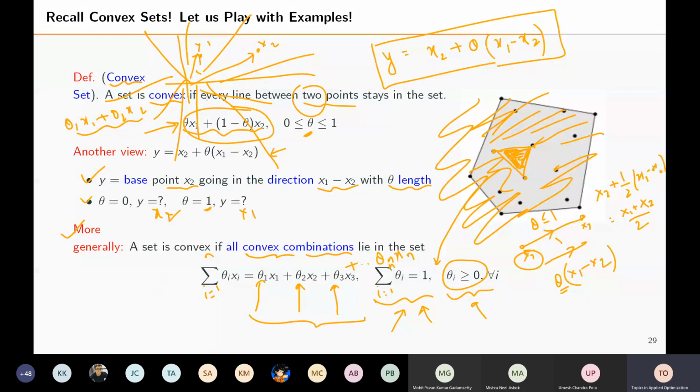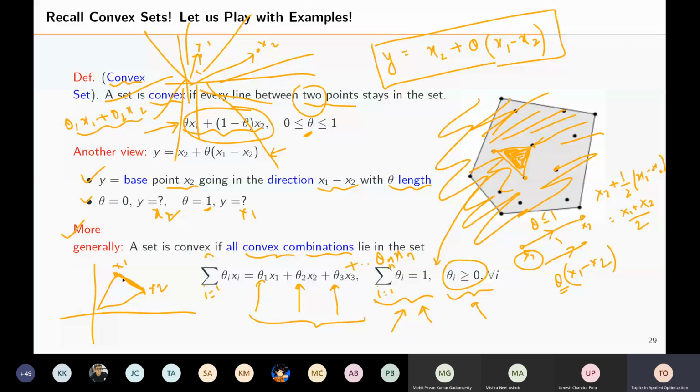But the moment you put this restriction of theta greater than or equal to 0 and less than or equal to 1, with this being my x1 and this my x2, then you can only generate points along this line, joining these two.